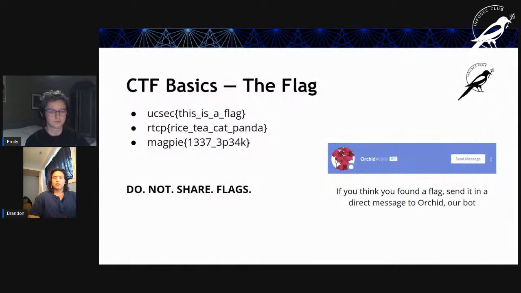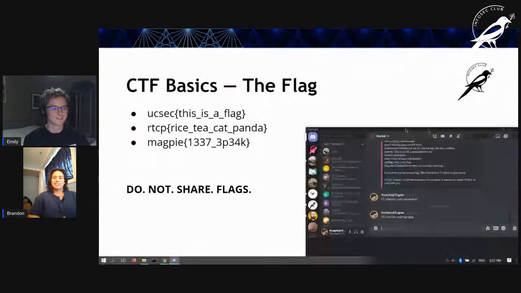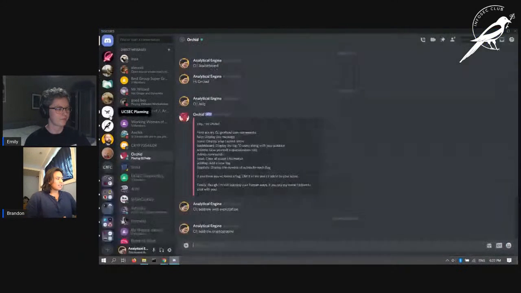We usually give out flags during workshops, or we will hide flags during the newsletter and places like that. So make sure to keep an eye out for everything if you're really into the fake internet points. And yeah, that's it for the flags.